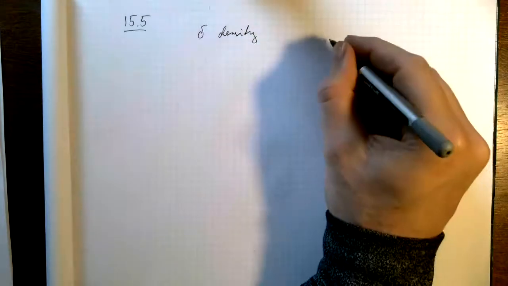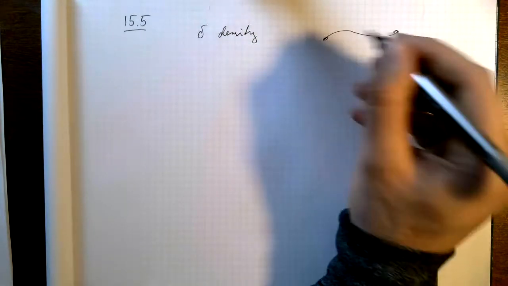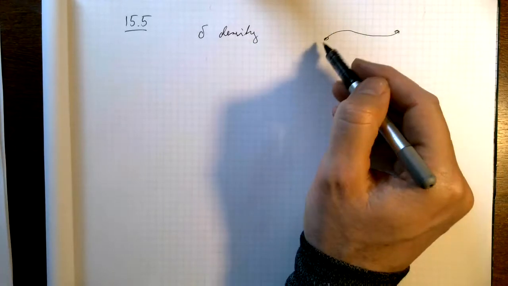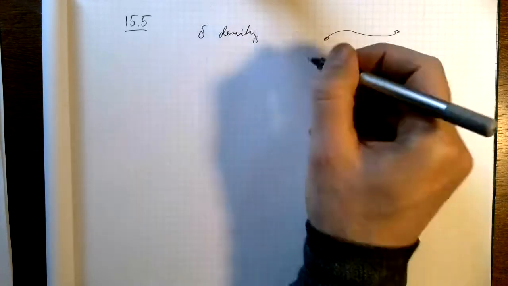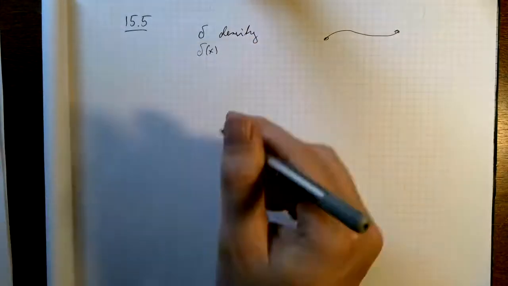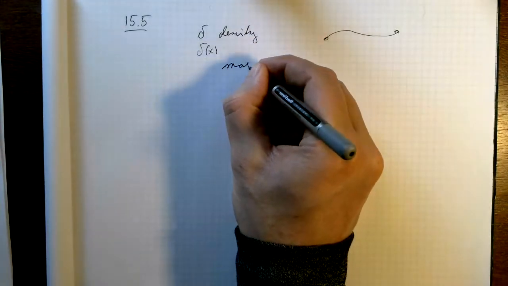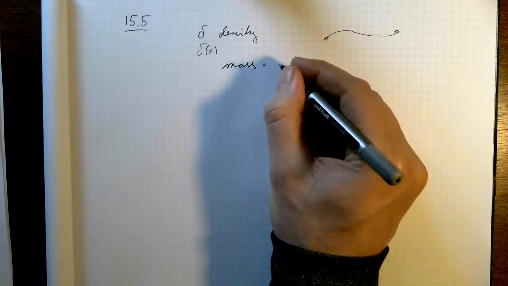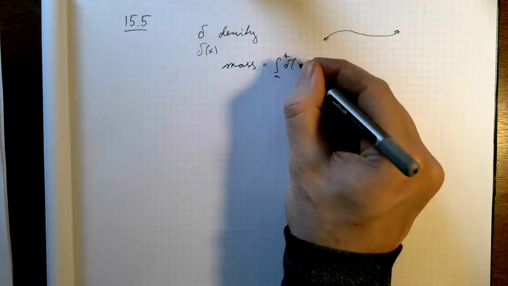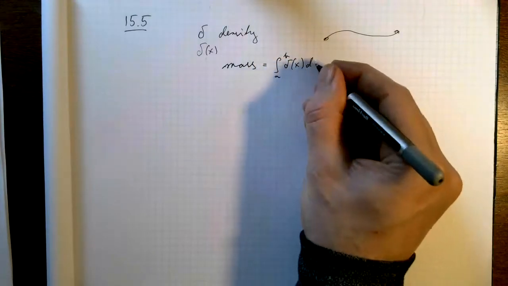If we had a length of wire, and x measured the position along the wire, and delta was really a function of x, then the mass of the piece of wire was the integral of the density, right?